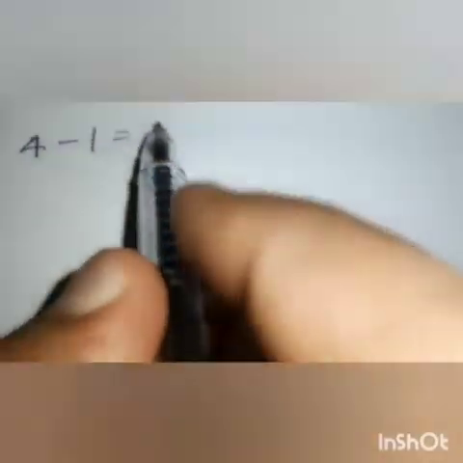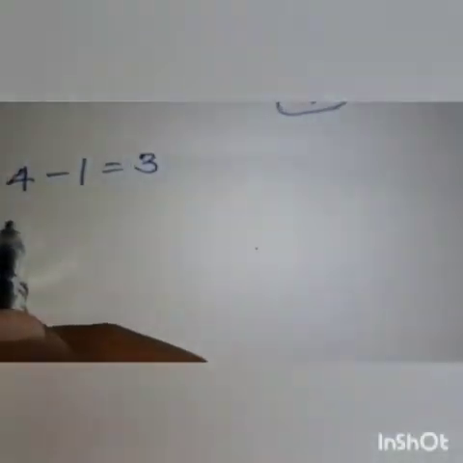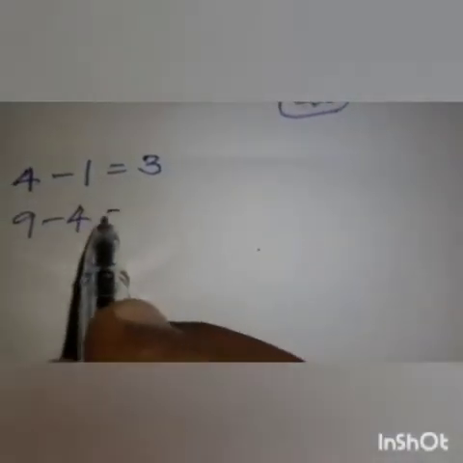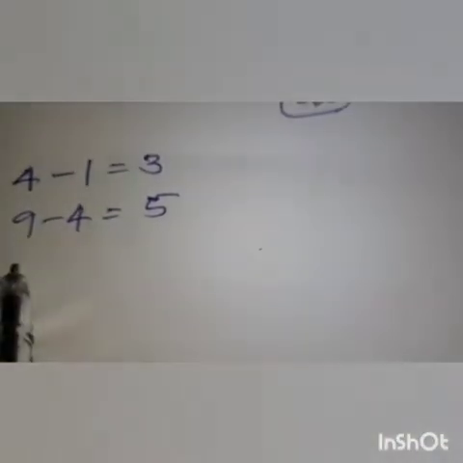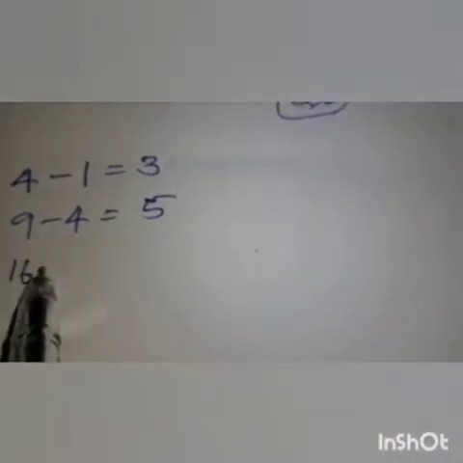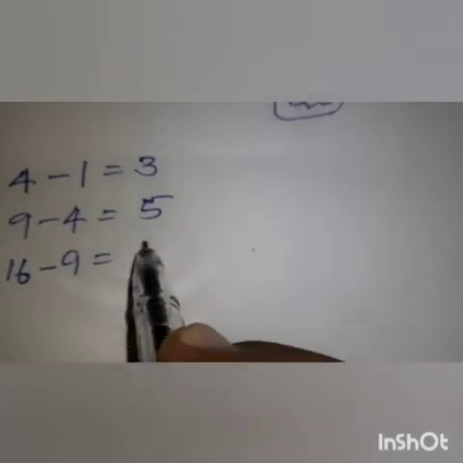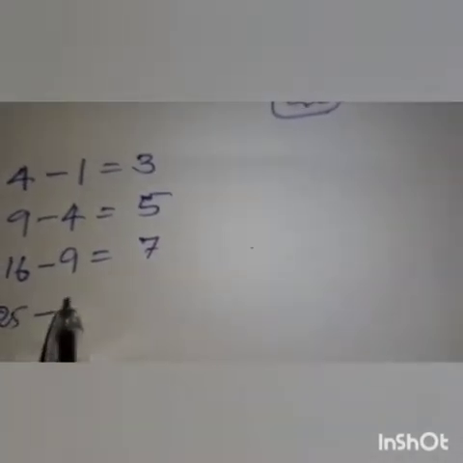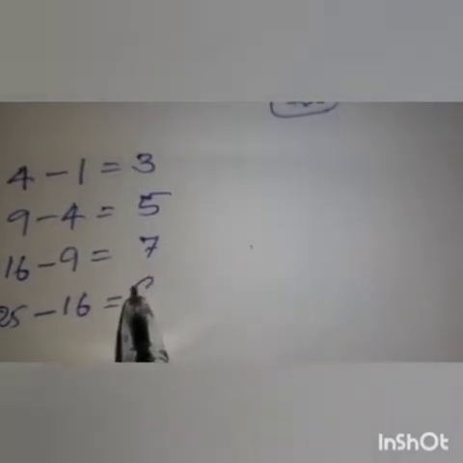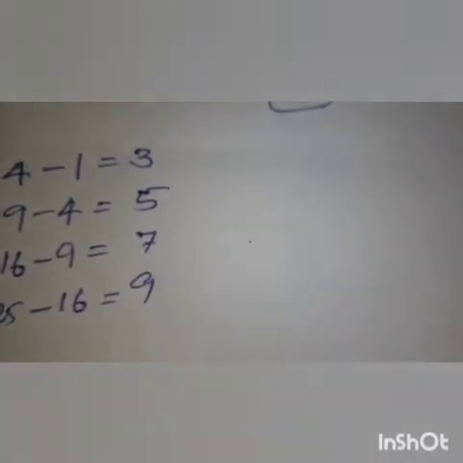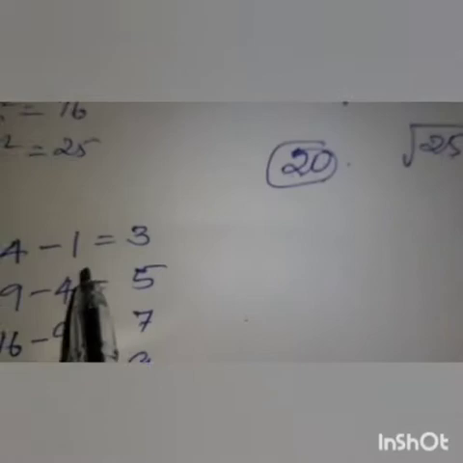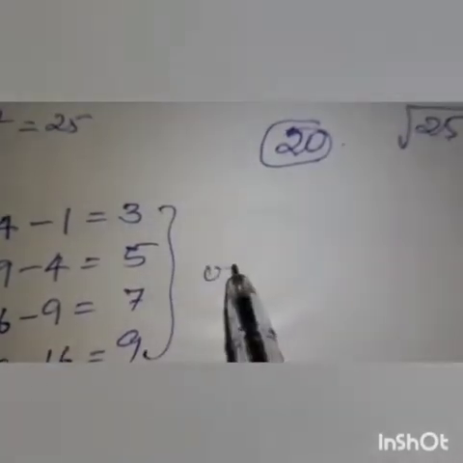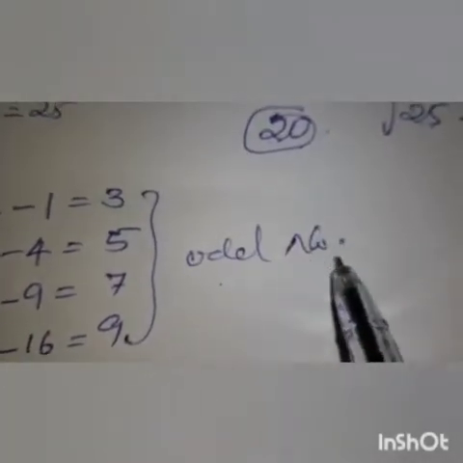4 minus 1, it is 3. 9 minus 4, it is 5. Next perfect square is 16. 16 minus 9, it is 7. Next perfect square 25. 25 minus 16, it is 9. So all these differences, we are getting an odd number.